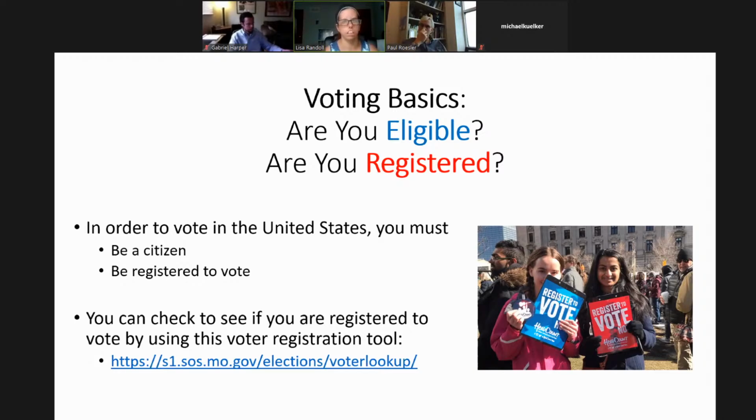If you do not know if you are registered to vote, there's a link posted right there below. It's a voting lookup tool to see if you are in fact registered and if your information is up to date. You have until October 5th of this year to update your information to make sure that you're eligible to vote in the general election.